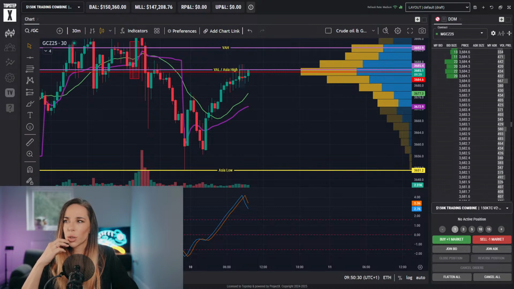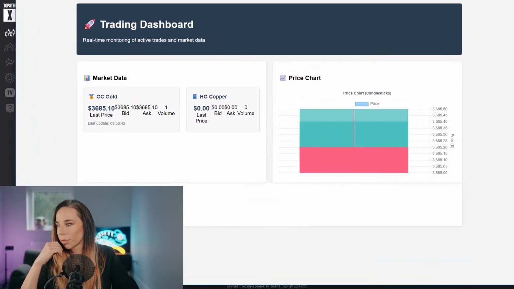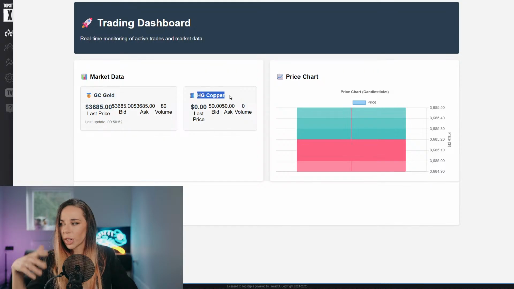Because I tried to do it and it just gets very confused. So right now I did manage to pull the real-time data, and I have gold going fine, and everything is updating as it should, but copper should be in there, but every time I put it in, the quotes are just like, no.